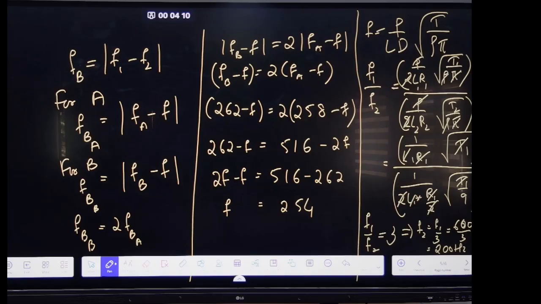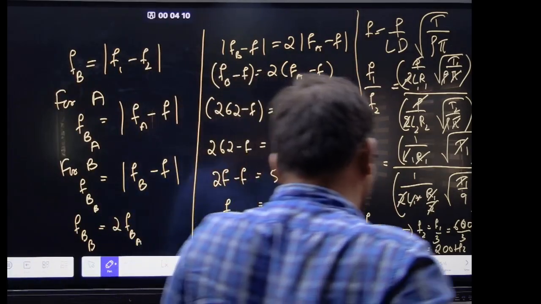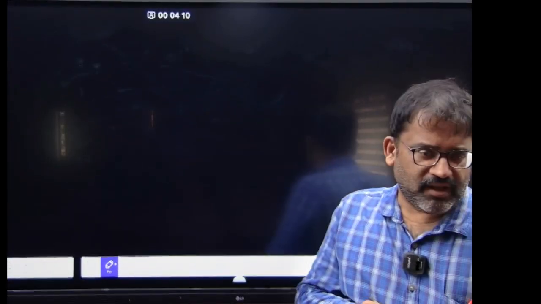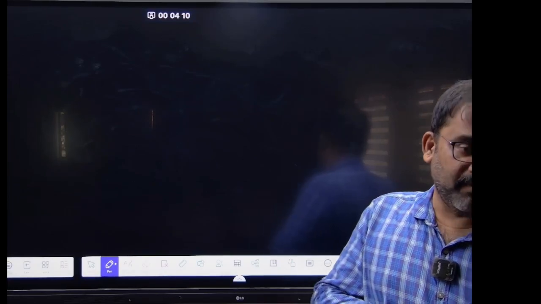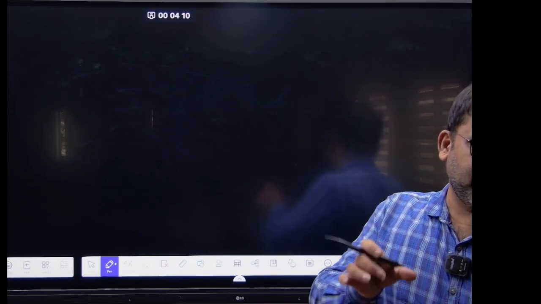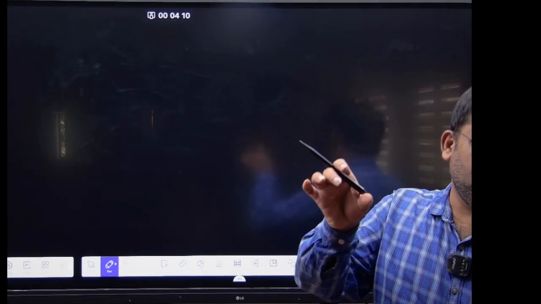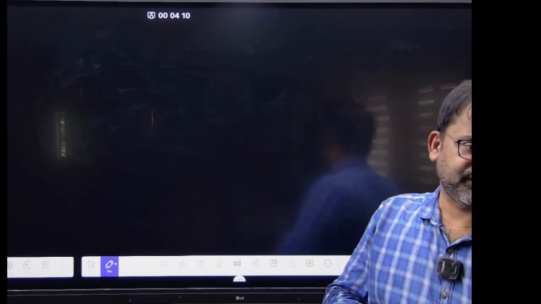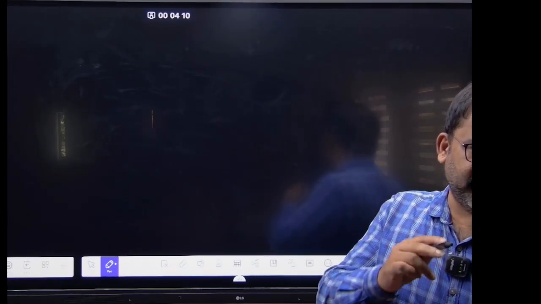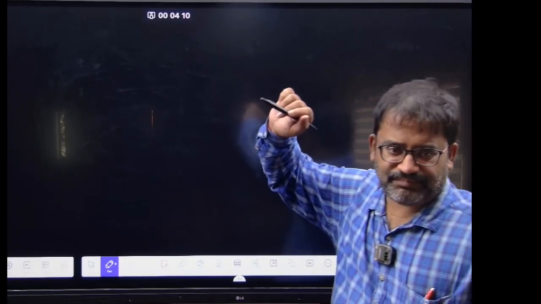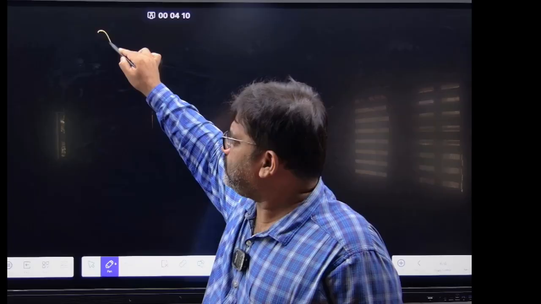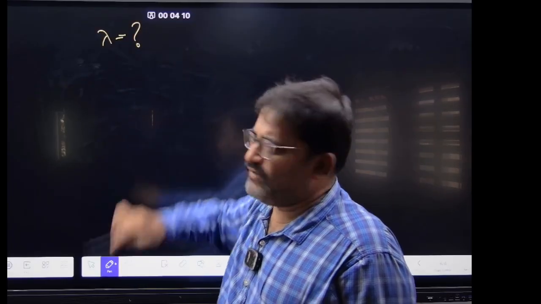Finished? Very good. So now, see what we have to find out. We have to find out the minimum distance between the particles having identical phase. That is called wavelength.